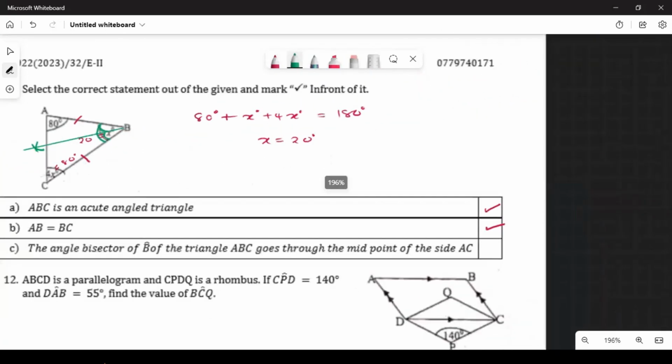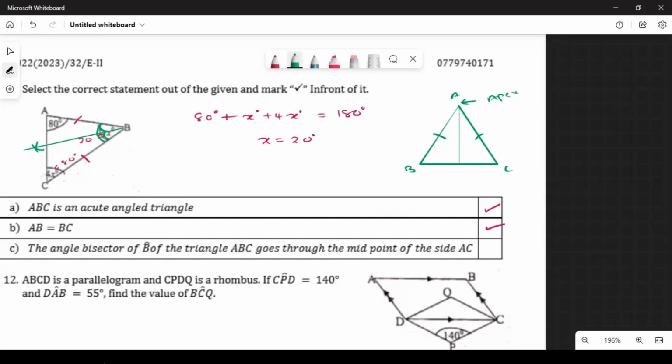If you recall the theorems in triangles lesson number 2, theorems related to isosceles triangles. Let's say this is an isosceles triangle ABC and AB side is equal to BC side. This special vertex is called the apex.